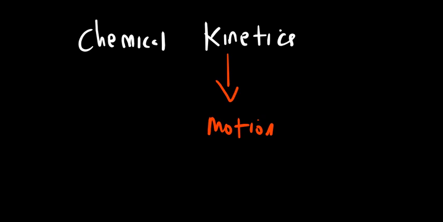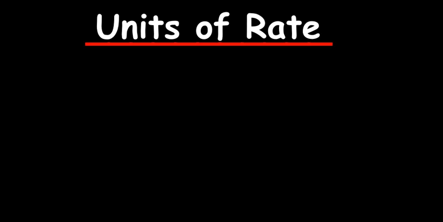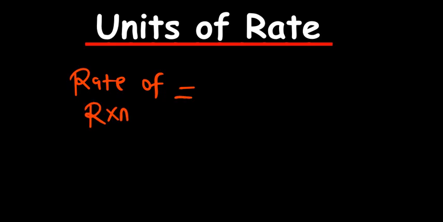So in chemical kinetics, what are you supposed to understand? You are supposed to understand the rate. Now, the rate of a reaction, the way we're going to find the rate of the reaction, typically it will just be expressed as a change in concentration over a specific period of time.